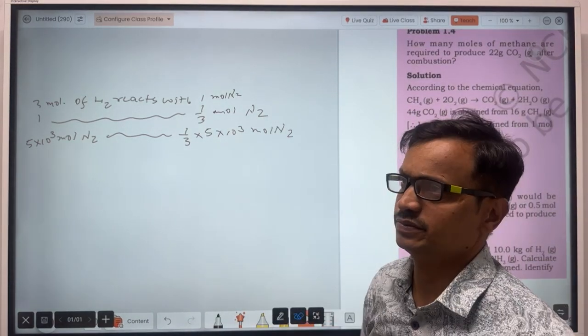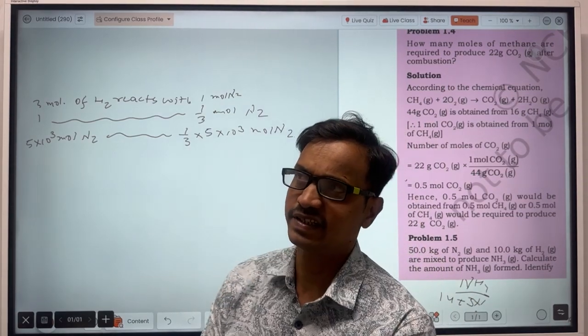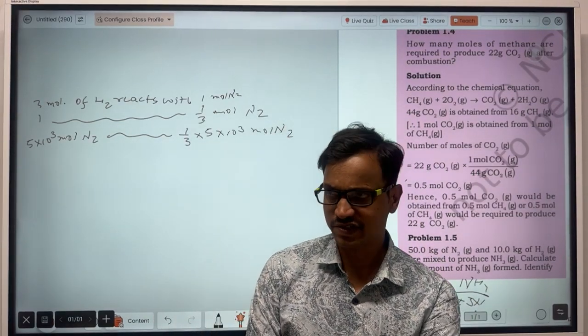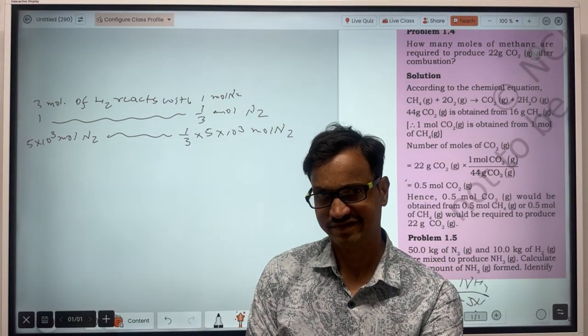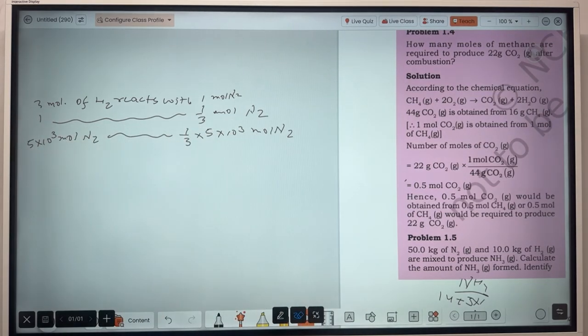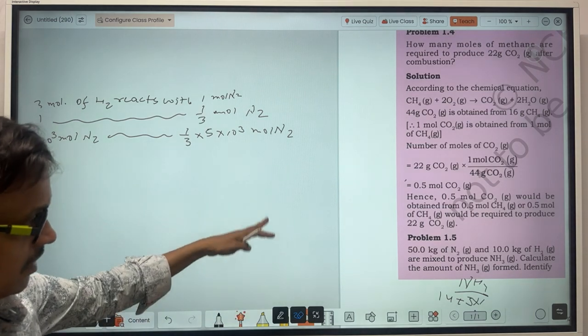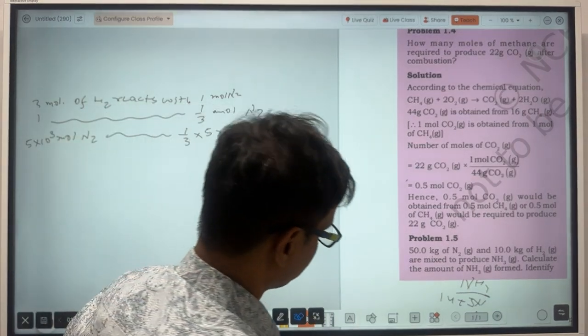That value minus this value will be the number of moles of nitrogen unreacted. During that reaction, 5 into 10 power 3 mole of hydrogen will react.